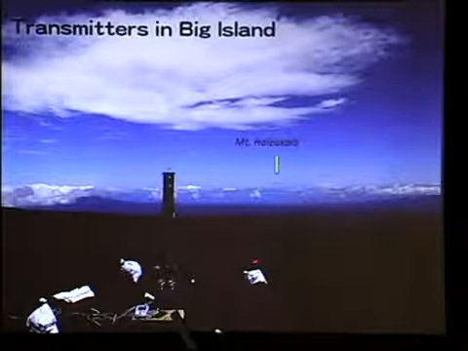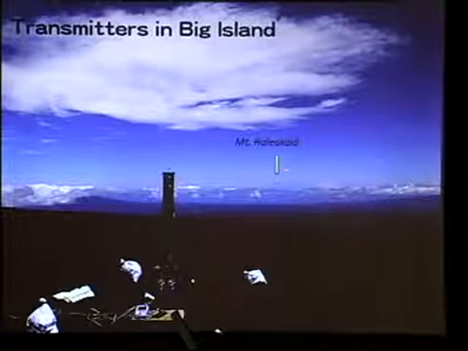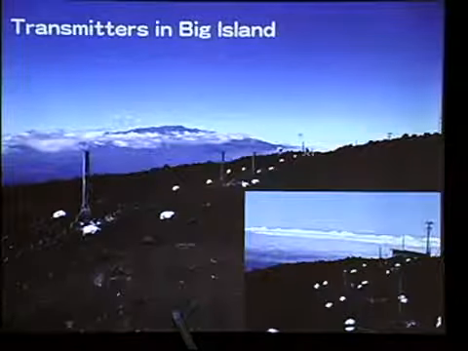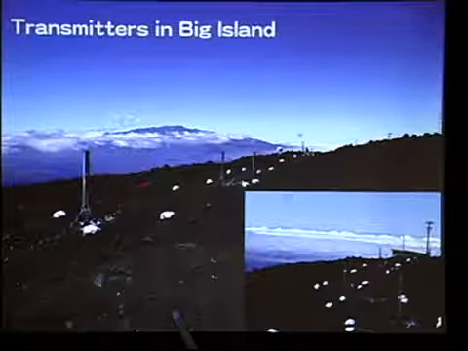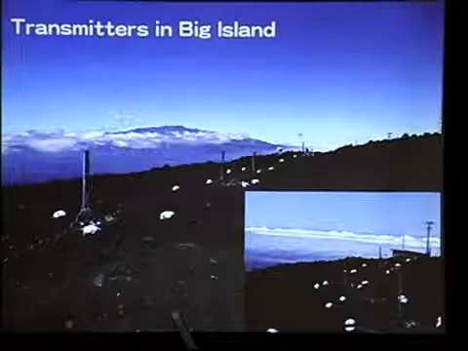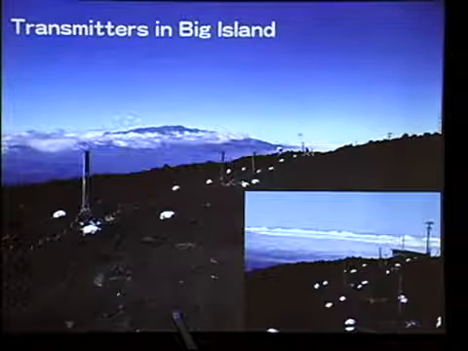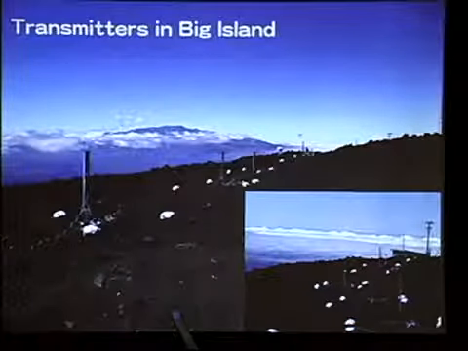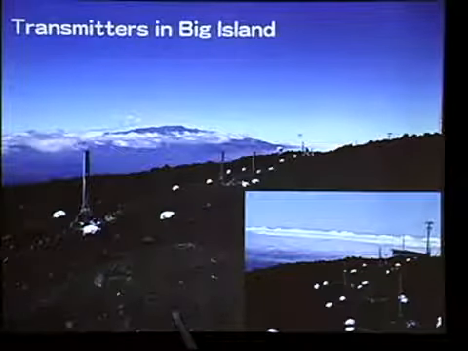So this is one panel, and you can see Mount Haleakala here. We set our 9 panels on a base plate with space between the antenna elements, so it can realize a large aperture antenna. The aperture is about 100 meters.